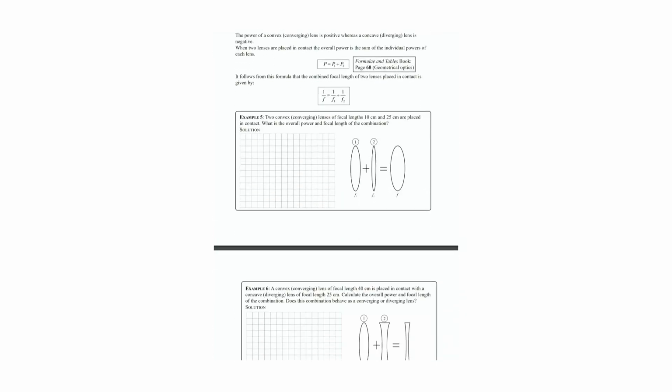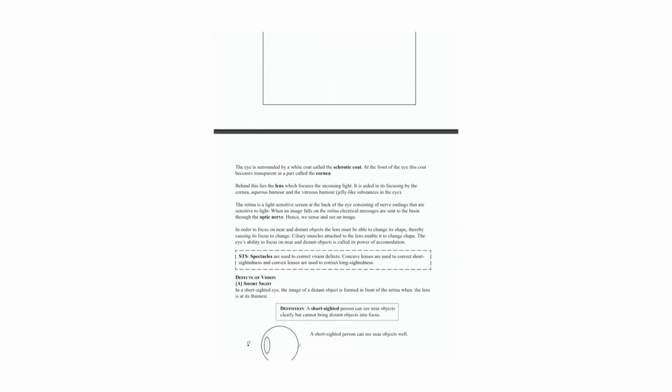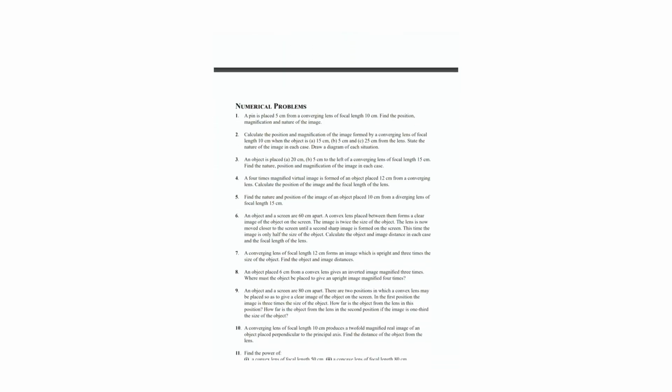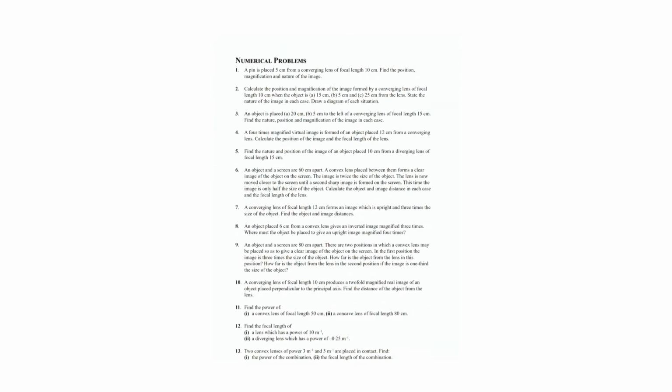If you go down to your numerical problems towards the end of the notes, there's a nice selection of questions. I want you from part 2 of this lesson to do from 1 down to number 10. After that, we're on to the power of a lens, which is going to be the next part of the lesson.